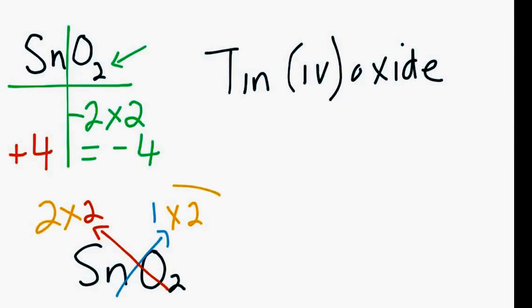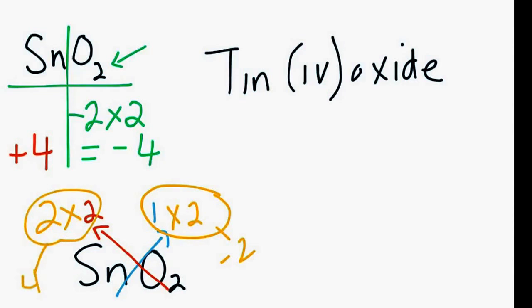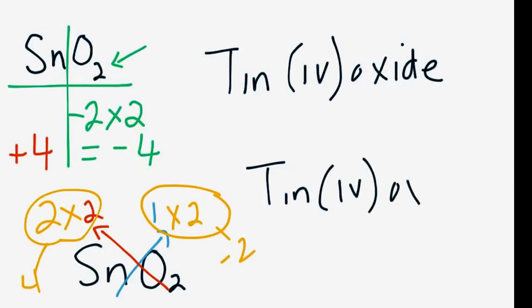So now the negative is 2 and the positive is 4. So it is tin(4) oxide. So it works using either method, but if you do reverse crisscross, you have to double check that the charge you get on your negative ion is the correct charge. And that's exactly what we've had to do with these last 2 examples.